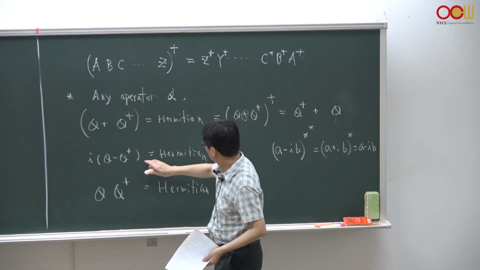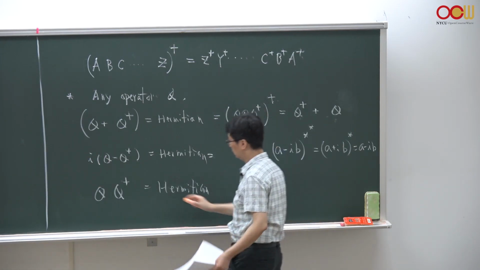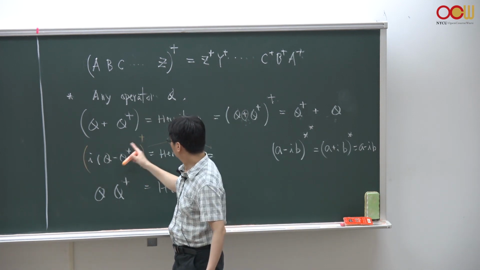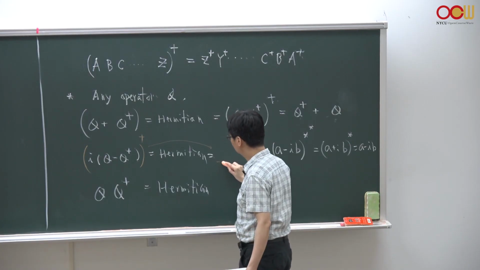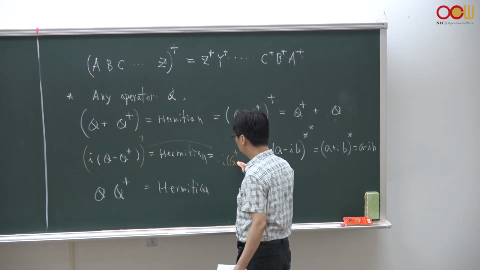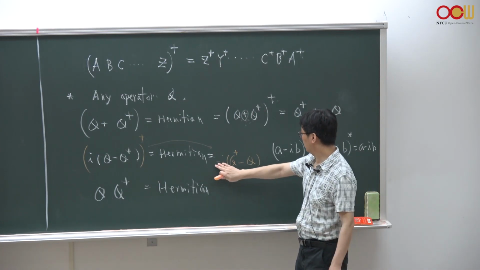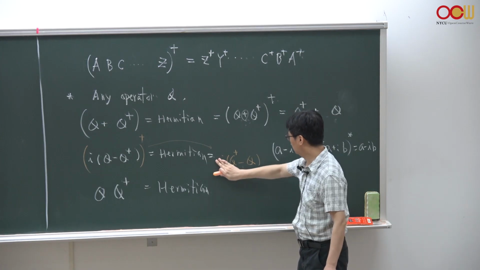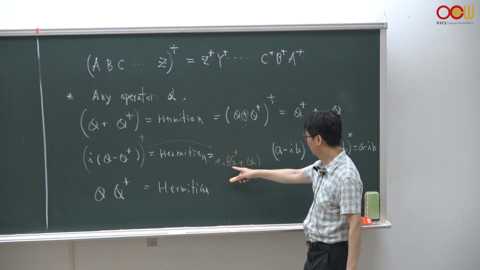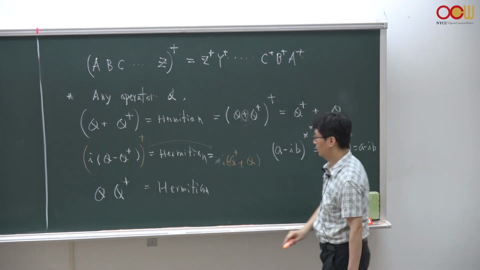So likewise, you could show that the following two operators, the combinations of Q and Q dagger, give you the same Hermitian properties. For example, if I take this dagger, what does it give us? When you take the dagger of i, you get minus i, and Q becomes Q dagger, and Q dagger dagger is Q, right? You simply put the minus sign in the bracket, and you get minus Q dagger plus Q, times i. Minus Q dagger plus Q is the same as Q minus Q dagger. So they are the same.